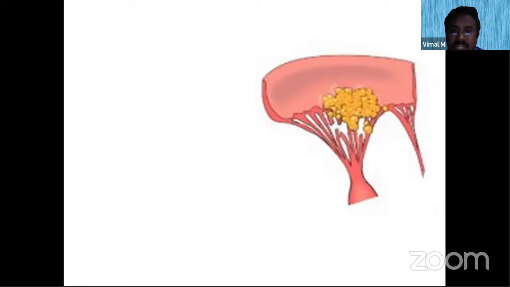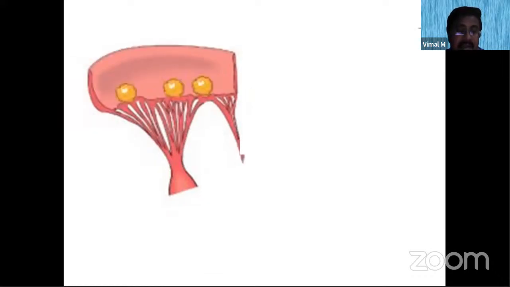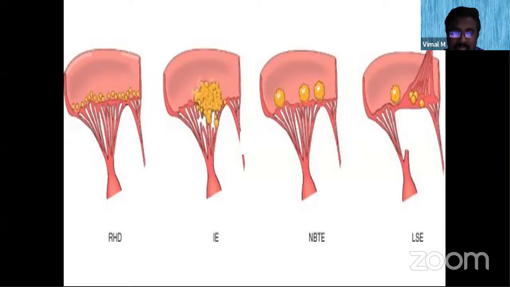These are the large vegetations which erode, so this is infective endocarditis. Firm warty vegetations along the line of closure are rheumatic. Larger vegetations along the line of closure are non-bacterial thrombotic endocarditis. And what is special about Libman-Sacks endocarditis is that the vegetations are present on both sides of the valves. You can get vegetations on both surfaces of the valves in Libman-Sacks endocarditis.